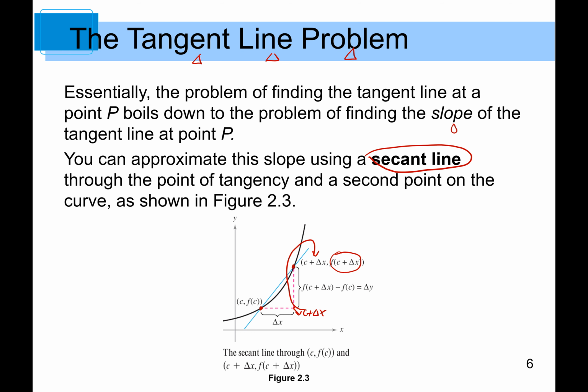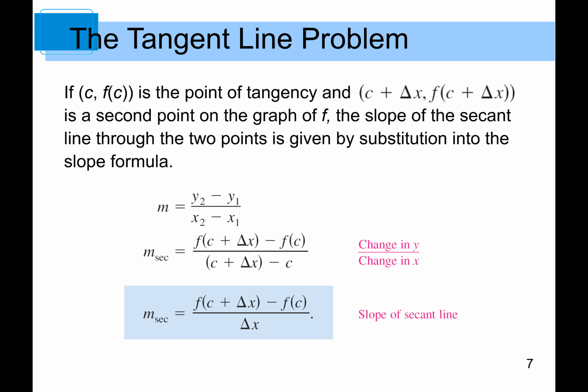So in this case, the slope could be estimated using vertical change over horizontal change. Vertical change becomes f of c plus delta x minus f of c.